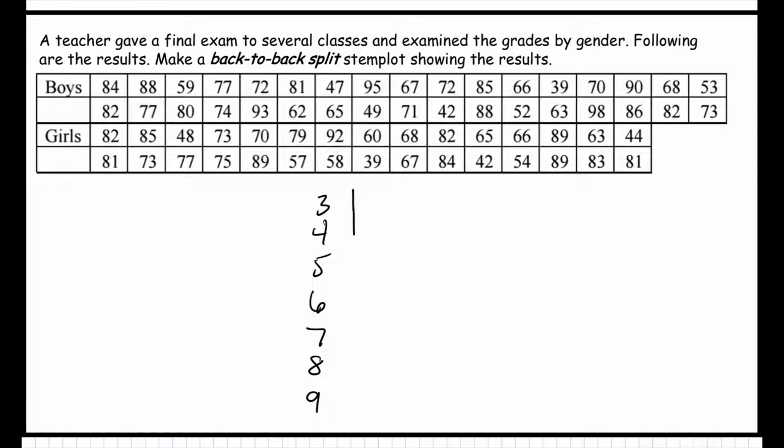So just like last one, we draw a stem to separate that, but we go back to back. So you draw it on both sides. Let's do the one we're used to before. Let's say the one on the right is going to be boys and the one on the left is going to be girls.